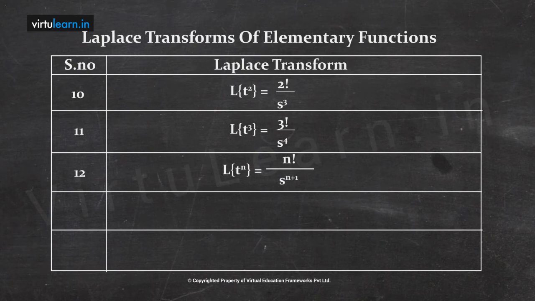Now this is the formula, and we are writing another formula also. N factorial is nothing but gamma n plus 1, divided by s power n plus 1.